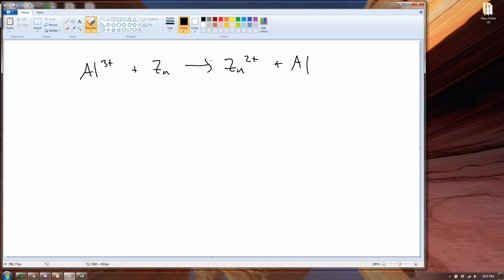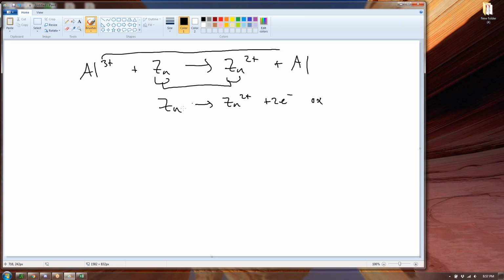The half reactions are quite easy here, especially on element reactions. The zinc and the Zn2+ is going to be the reaction here. If zinc goes to Zn2+, the only way you could balance this is by putting 2 electrons. This is the oxidation reaction because the 2 electrons are being stripped away. They're on the product side.